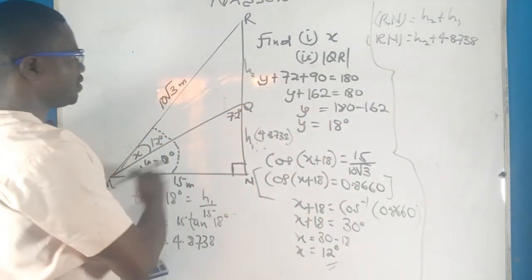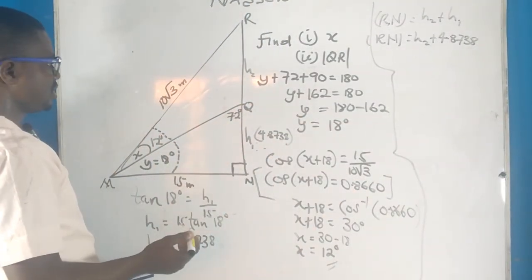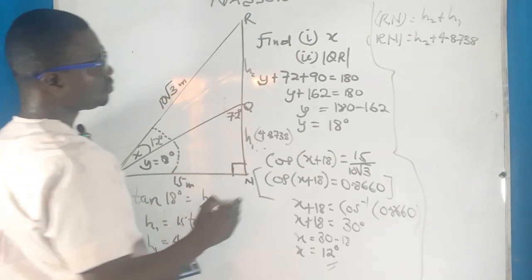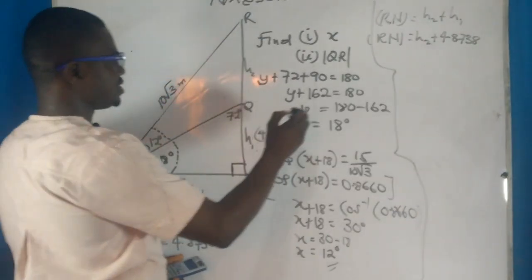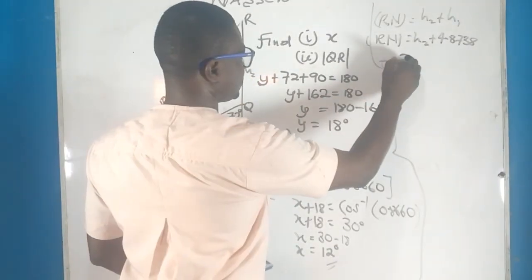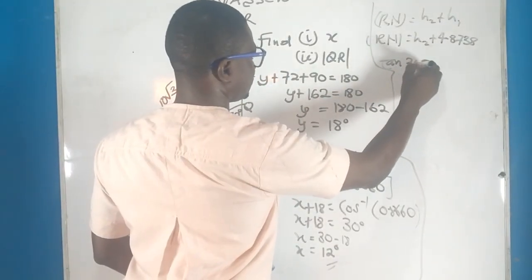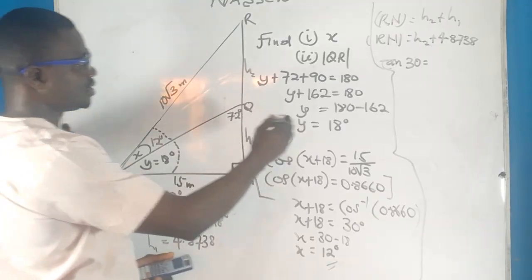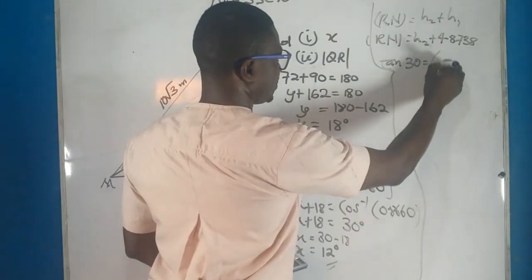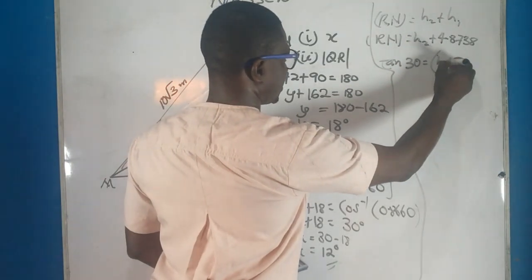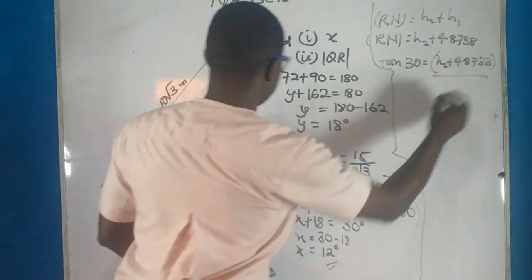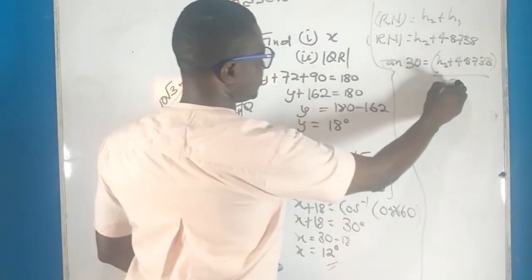So opposite, and then we can pick any other side. So the opposite, which is 30, tan 30 is equal to our opposite, which is this side, h2 plus 4.8738, over our adjacent, 15.